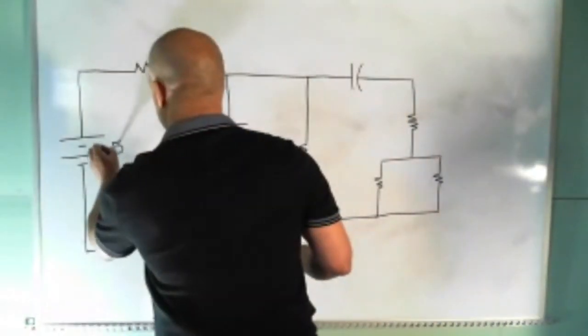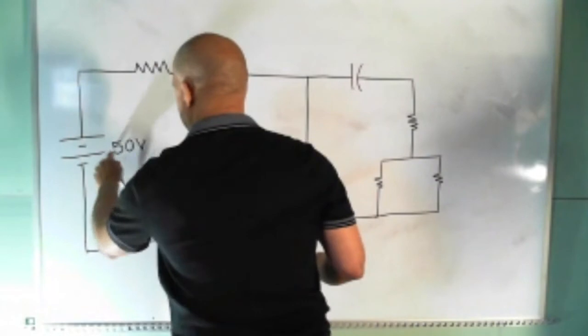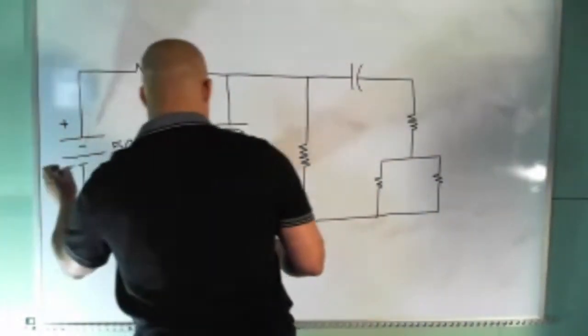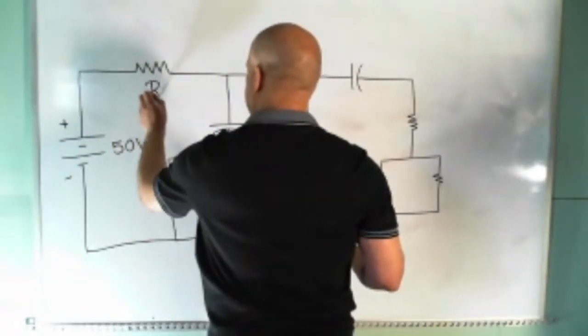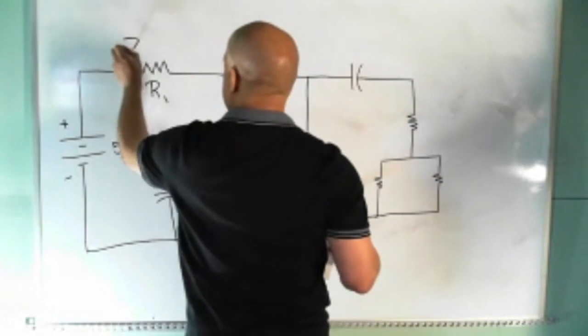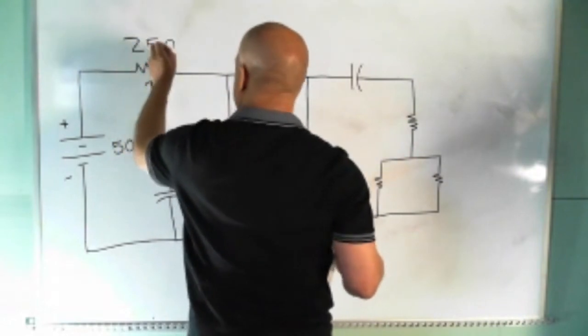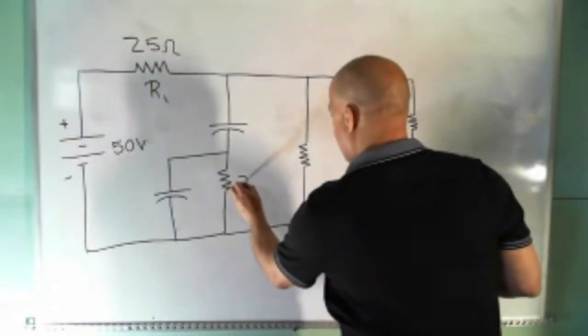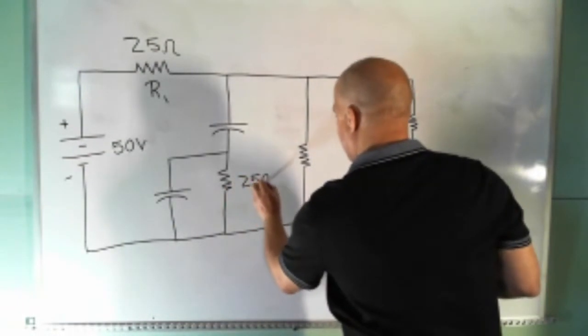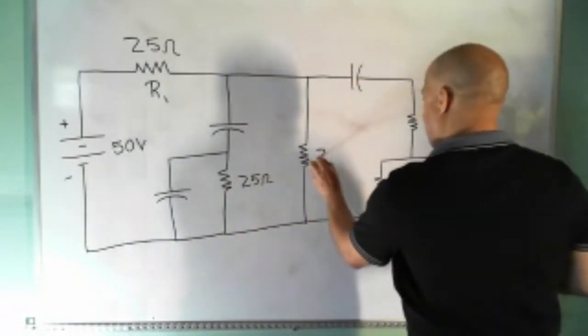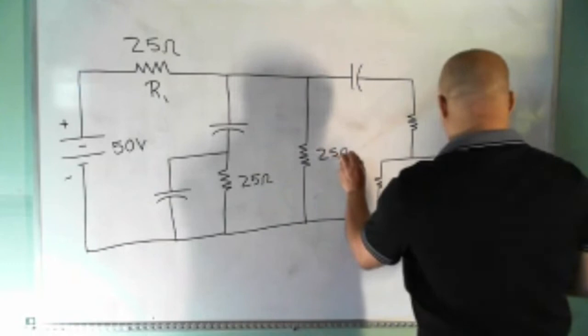This is 50 volts. All the resistors are 25.